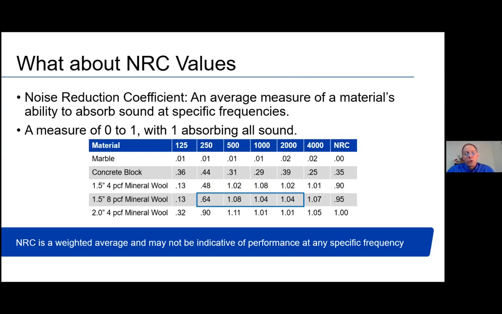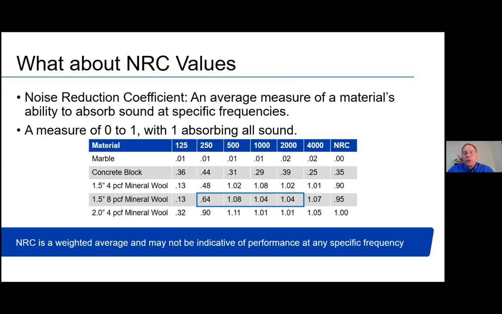When you are looking at the NRC of a product and using the NRC to try and evaluate the performance of a material, it's very important to keep in mind that the NRC is a weighted average of the noise reduction performance of that material at different frequencies.